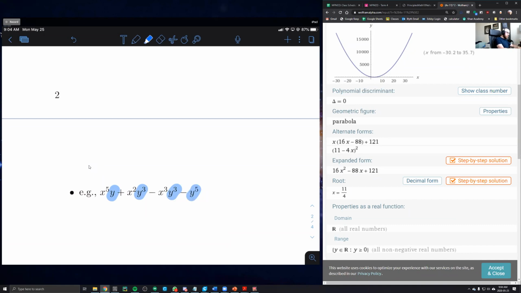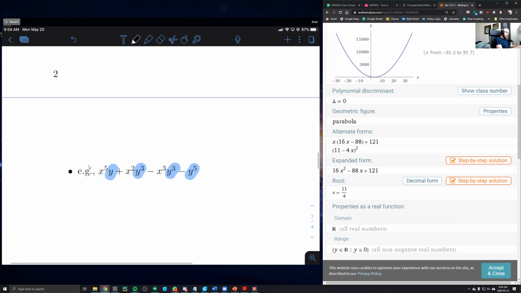So we might as well do that first, because that's our step one. So let's take out a y here. So y, and then we're going to be left with x to the power of 5 plus x squared y squared minus x cubed y squared minus y to the power of 4.